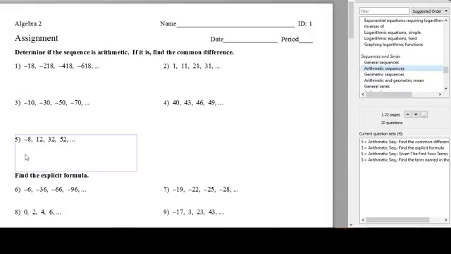So that would be a_n equals negative 8 plus 20 times n minus 1. Good.